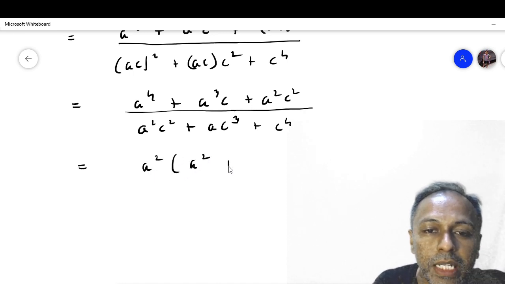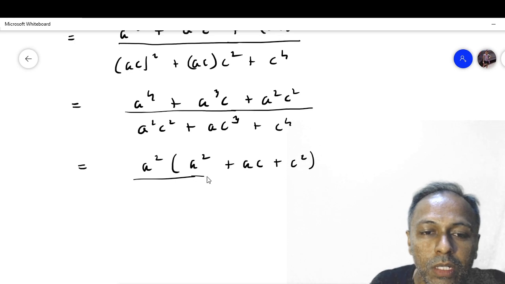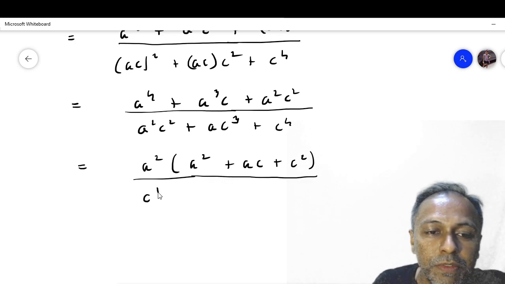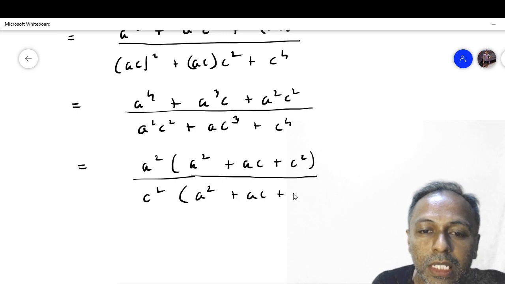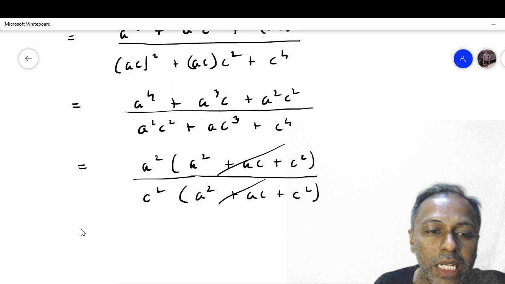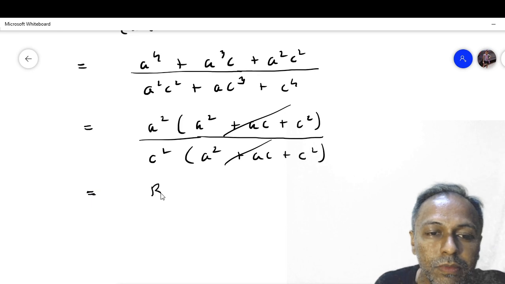In the bracket we will get A square plus AC plus C square, because A square is common, so A cube will become degree 1 here. Similarly in the denominator you have C square common, and in the bracket we can write A square plus AC plus C square. These two terms are identical, we can cancel them out, and whatever is left is A square upon C square, which is your RHS.